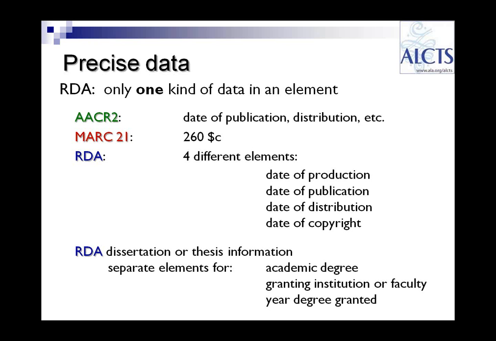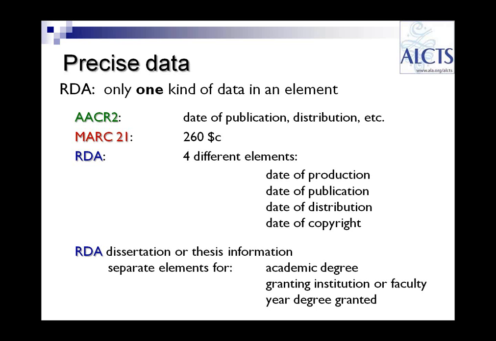But you will notice, of course, in the 260 of the RDA records being created during the U.S. test, that you see in that 260 both a date of publication and a copyright date. And that is because these are all considered to be important elements. RDA also specifies, for example, for dissertation or thesis information, that there should be separate elements for academic degree, granting institution, and the year a degree is granted.